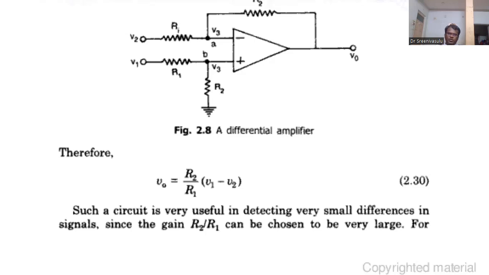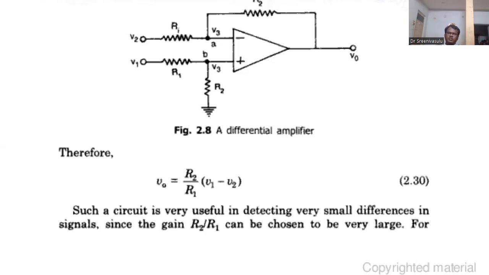One more important point. Suppose V1 is 100 microvolts and V2 is 950 microvolts. What is the difference between these two signals? 50 microvolts. That is one case, and we are going to get some output.